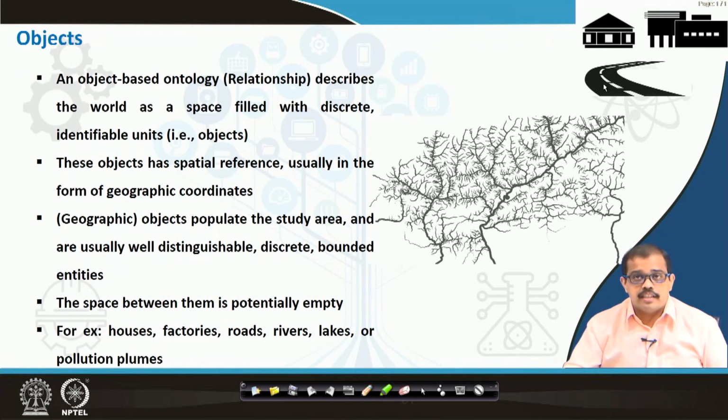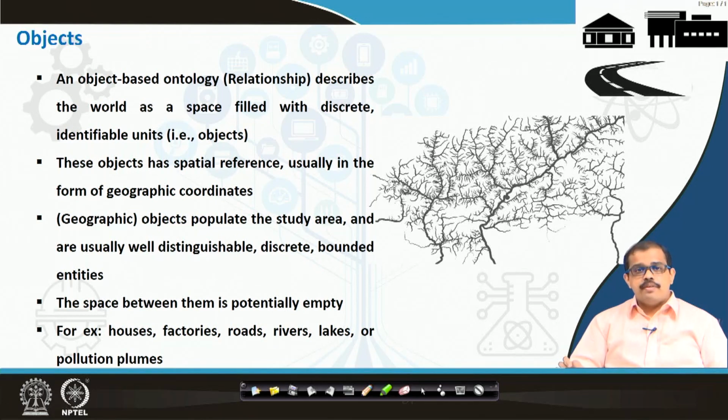For example, in this image you can distinguish that this is a single storied house, whereas this is an industry next to the house. These two are discrete quantities, distinguishable, discrete, and bounded entities. So, it is a bounded value.